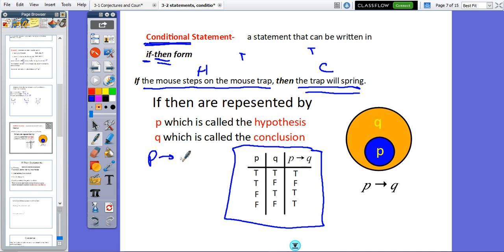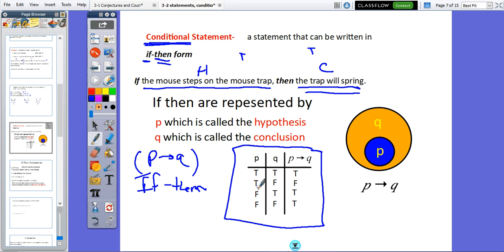P implies Q is the symbol representation of an if-then statement, referring back to whatever we call P and Q. So for example, if the mouse did step on the trap, and the trap did spring, then the entire conditional statement is true, because the hypothesis happened and the conclusion happened.